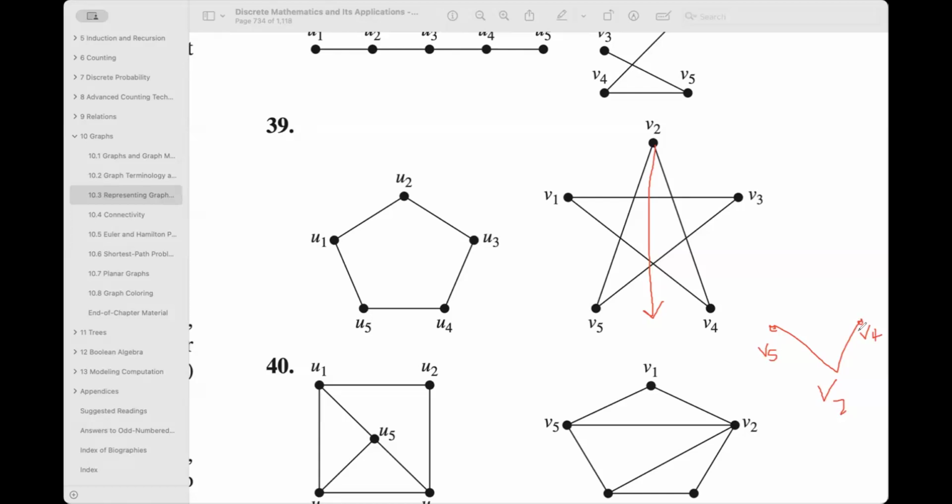And then V4, let me think, V4, V1, and V3. So for complicated questions like these, we have to play around with the angles like this and keep drawing until we figure something out.